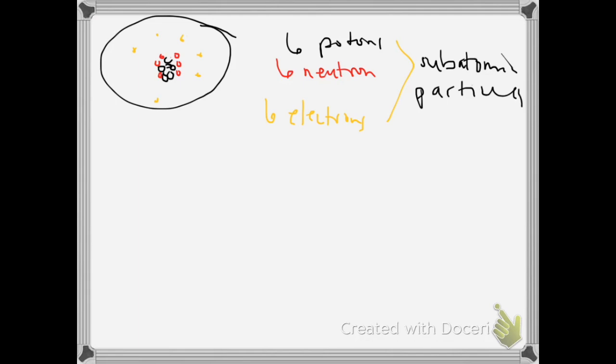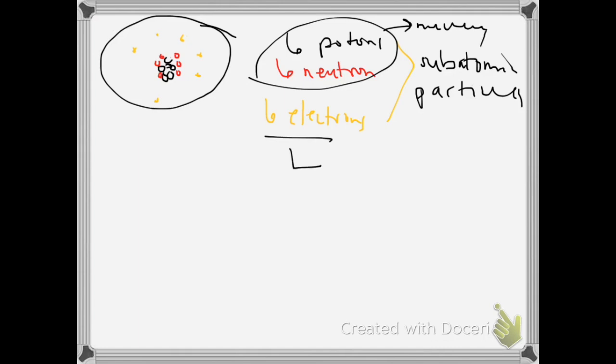If we talk about where we find these, we find the protons and the neutrons in the nucleus, and the electrons float around. If you have an element, let's go with hydrogen. That's number 1.